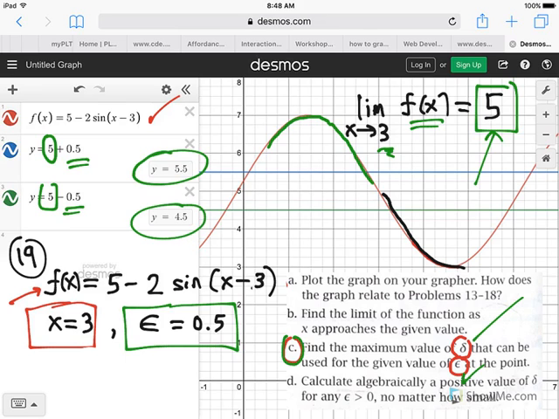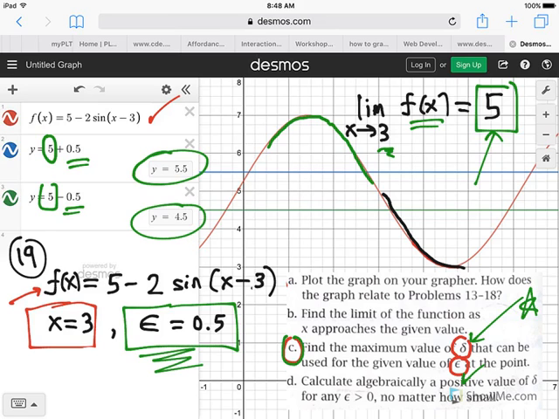Find the maximum value of delta, so now we're going to talk about that. Find the maximum value of delta that can be used for the given value of epsilon at the point. And epsilon tells you how far the output values of the function f can be from the limit. So what is it that we want to do in part C? Delta is talking about how close the input values have to be to 3.